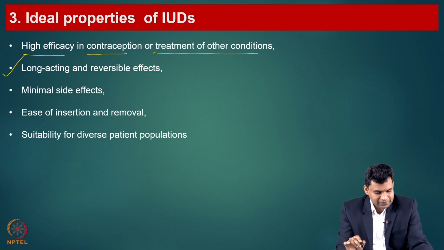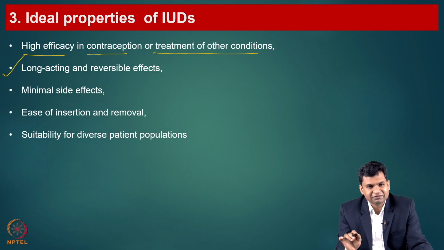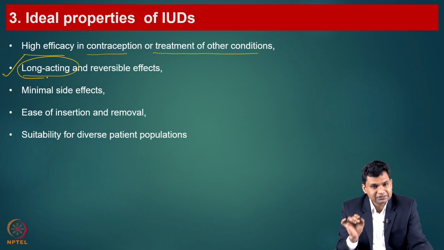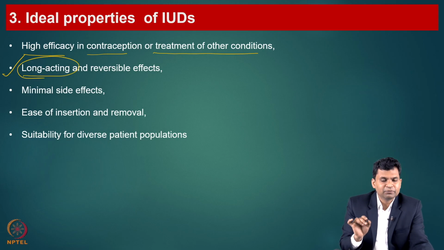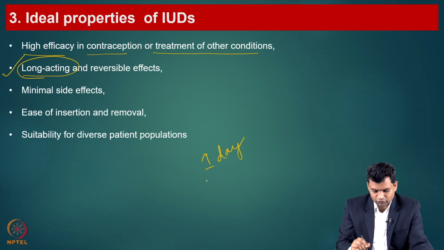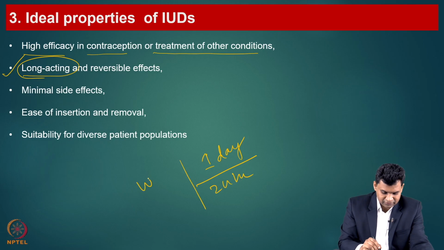Now this point is very important. Here you can see the ideal properties of an intrauterine drug delivery system: the intrauterine device should have a long acting effect. Otherwise, people will not use it if it is short acting, like one day for 24 hours or 1 week.